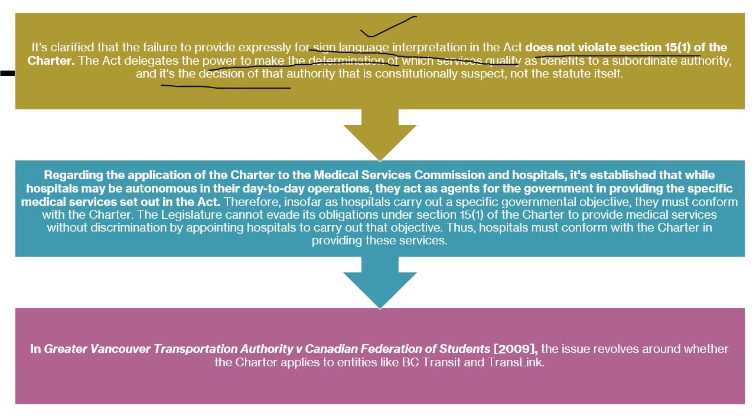And it's the decision of the authority that is constitutionally suspect, not the statute. So in this case, the act itself is not the source of the issue. Here, the decision-making authority's actions are the main source of the issues.